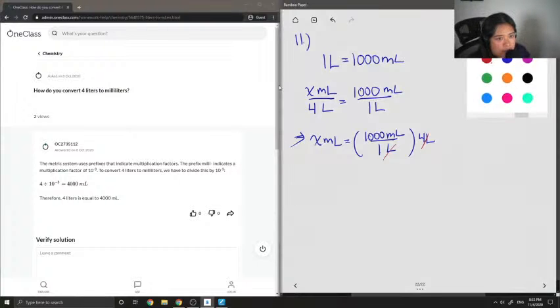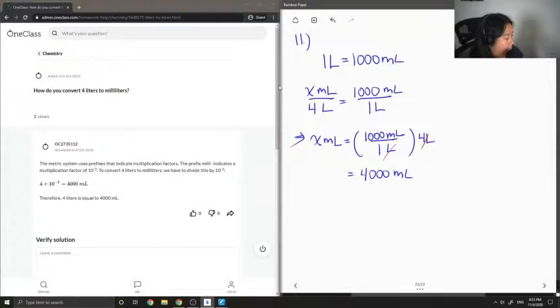And basically it's 1,000 times 4, which is equal to 4,000 milliliters. So if we were to write this in scientific notation, it would just be 10 to the 3.